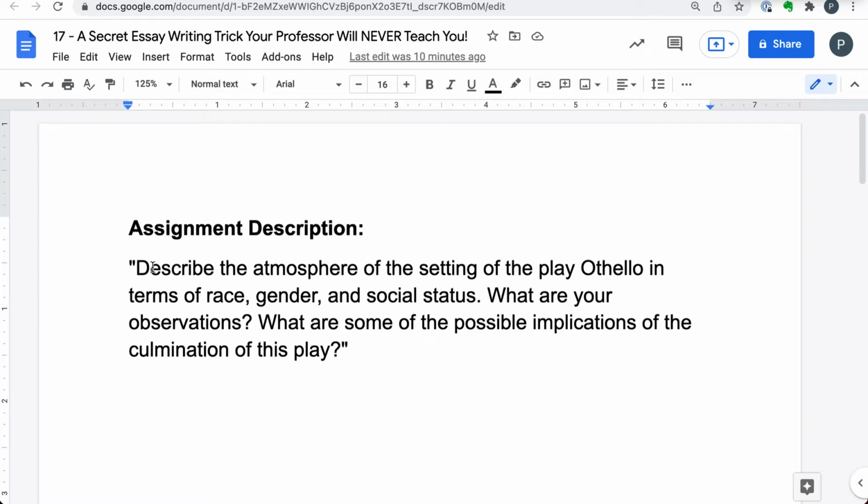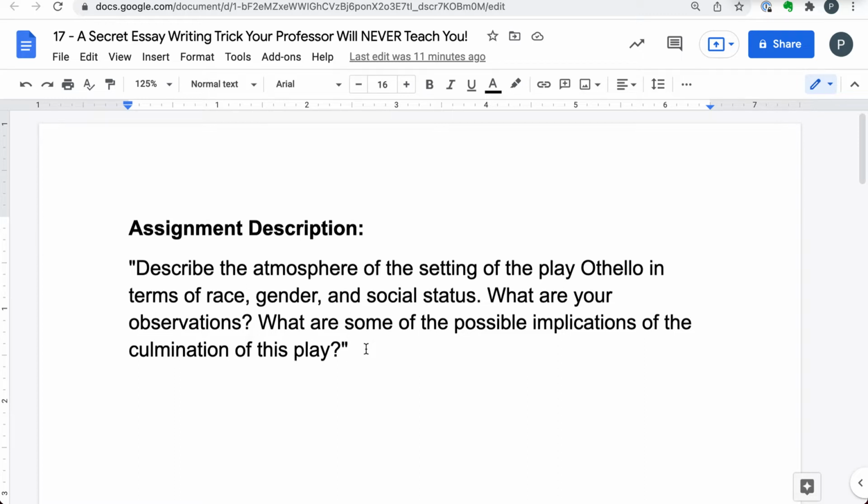Your professor is asking you to write an essay on two different aspects of Othello: the atmosphere and the ending. Therefore, we have two different sections necessarily right there. So what I'm showing you right now is how your professor has actually outlined your essay for you already.